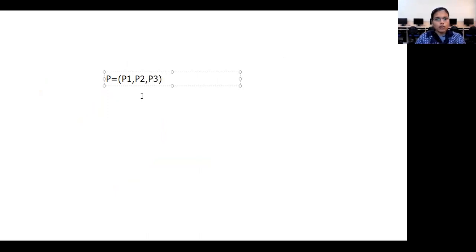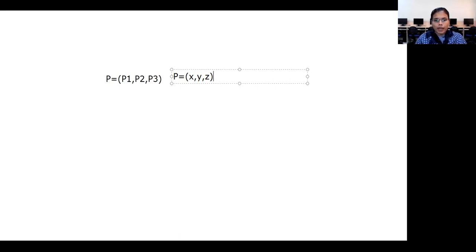Initially we saw the nature of P1, P2 and P3: these are nothing but real numbers, so each Pi belongs to R. Now instead of writing P1, P2, P3, suppose I write P equals x, y, z. So P1 is your x coordinate, P2 is the y coordinate and P3 is the z coordinate.